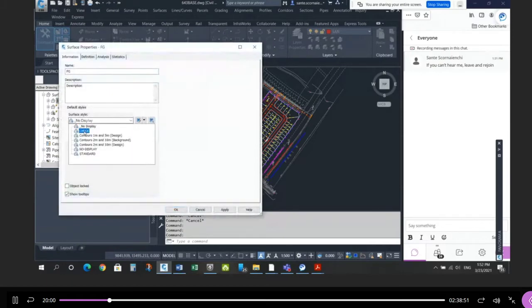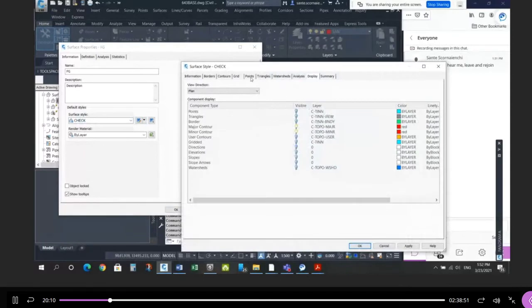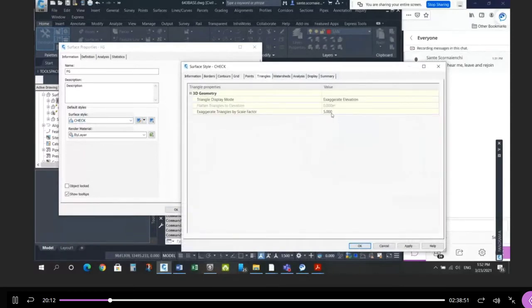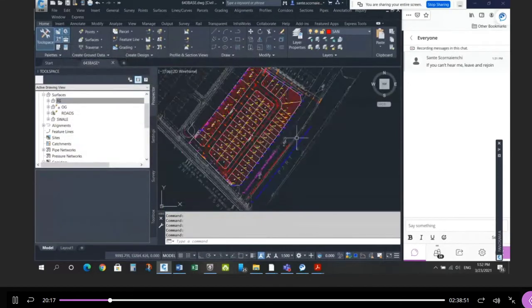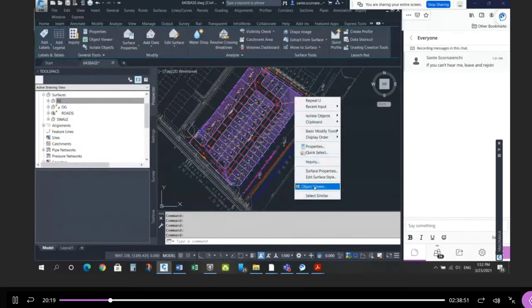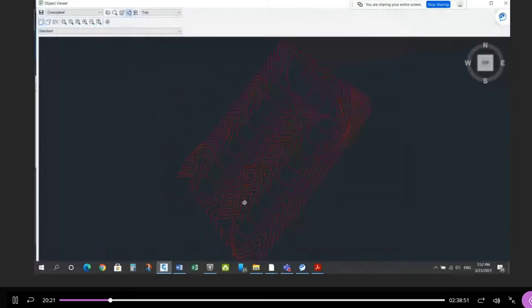What I did do is create this style. I call it check. This is a contour every 0.1 meters, and I believe it's vertically exaggerated. I think it is. It's vertically exaggerated 5 times. Okay, so if you create this surface, here's what it looks like. Object viewer. So you can see here, see this pattern here?